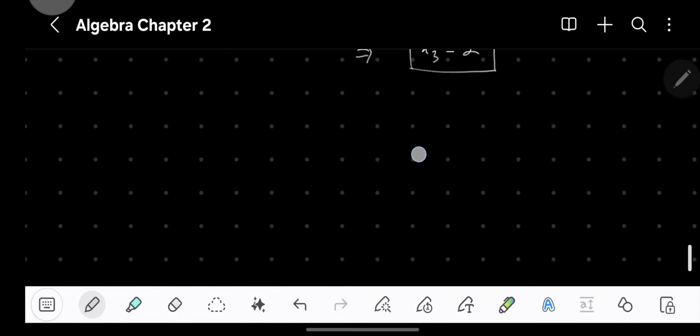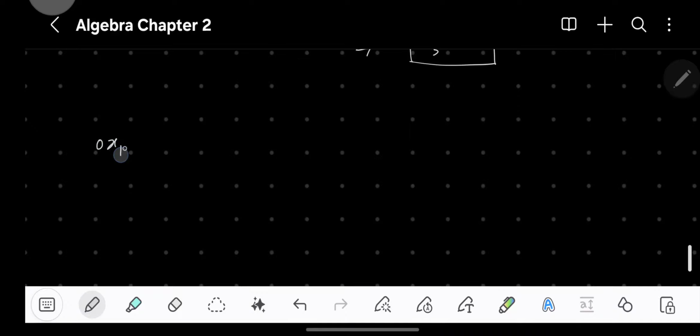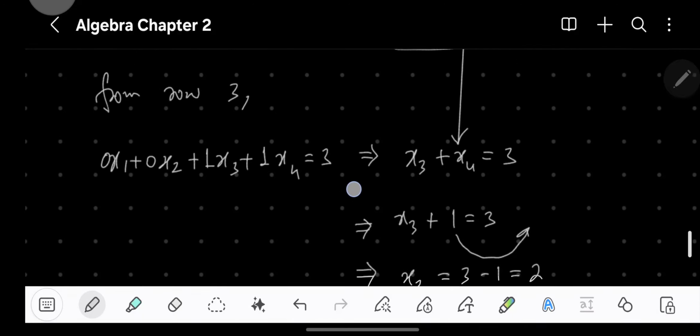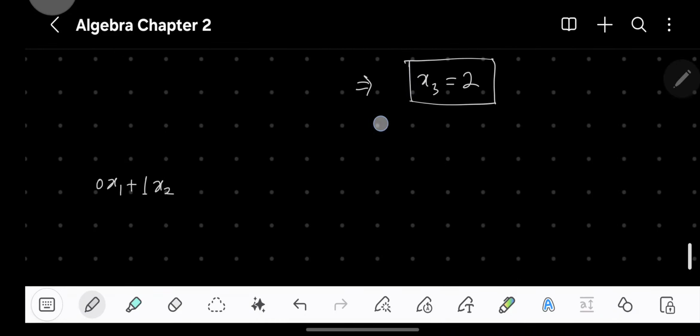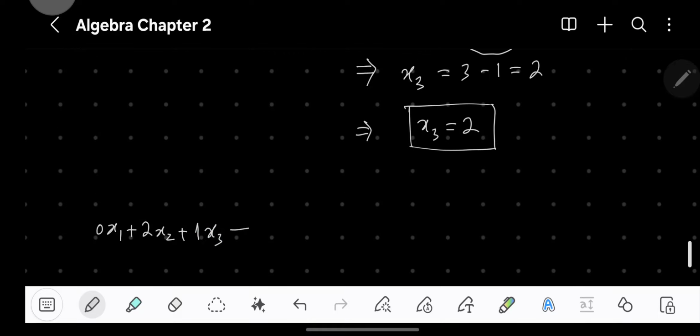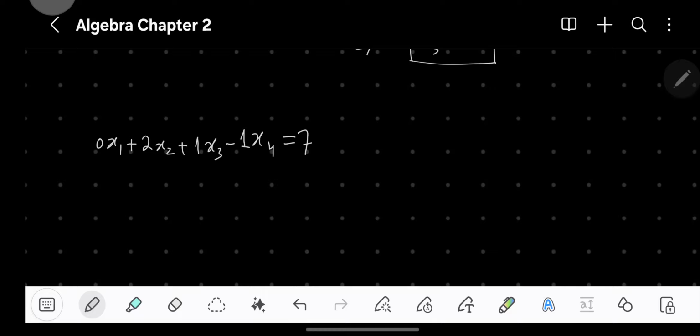So I write 0x1 plus 2x2 plus 1x3 minus 1x4 is equal to 7, which means 2x2 plus x3 minus x4 is 7.